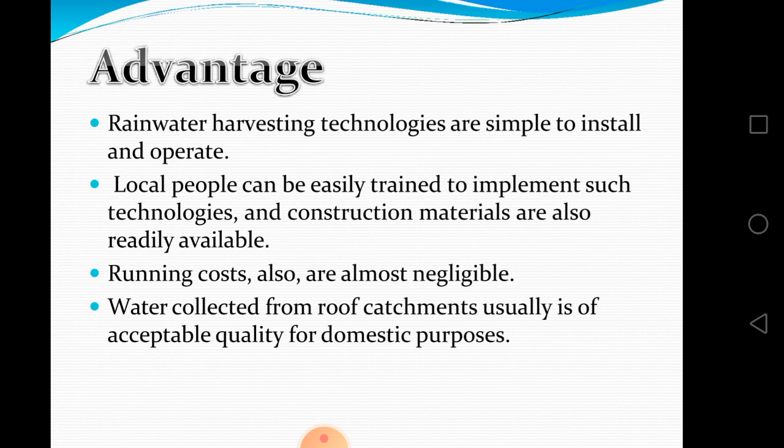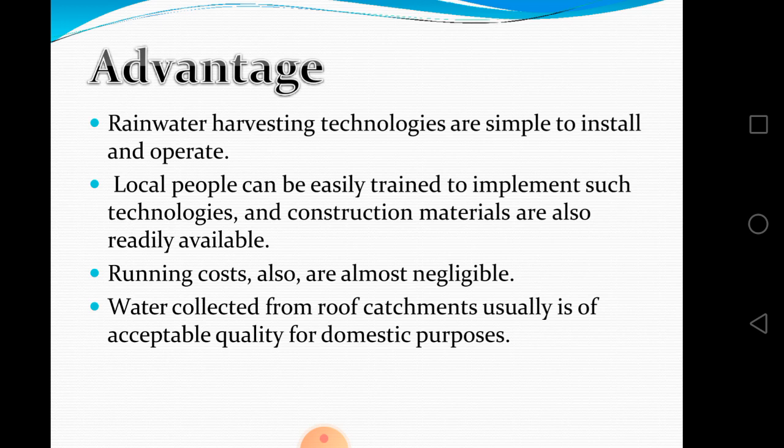We can use locally available material, and running costs are almost negligible. Daily monitoring is not necessary, so daily maintenance cost is not necessary, and daily labor cost is not required. So running cost is very low.